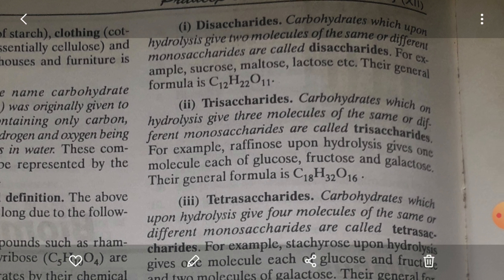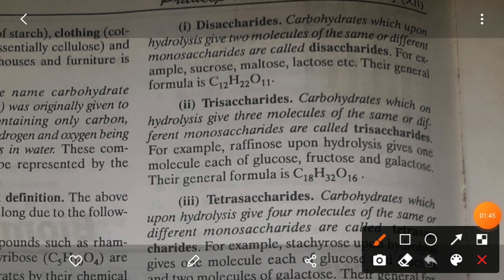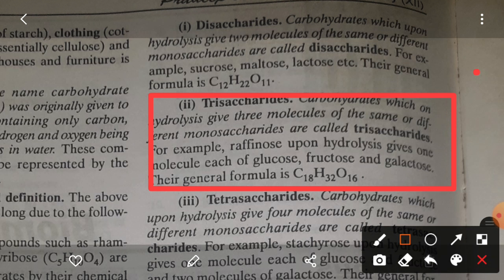Then trisaccharides are the carbohydrates which on hydrolysis give three molecules of the same or different monosaccharides. The example is raffinose, which gives one molecule each of glucose, fructose, and galactose after hydrolysis.